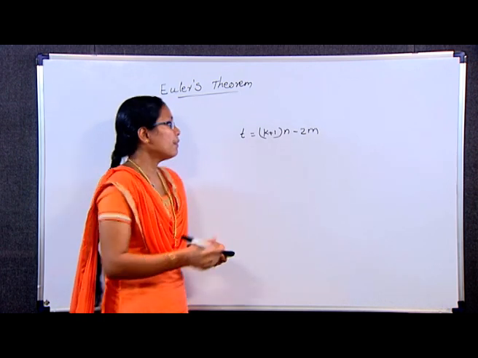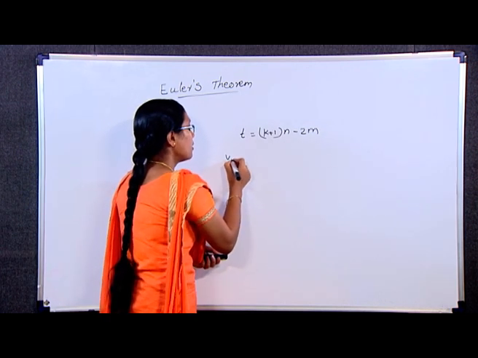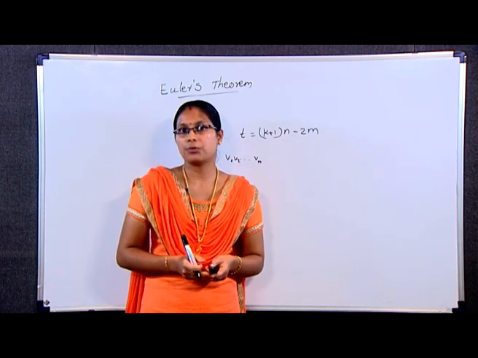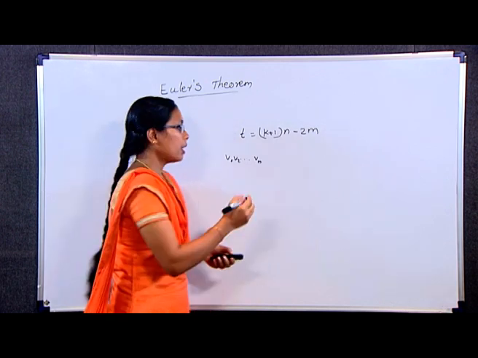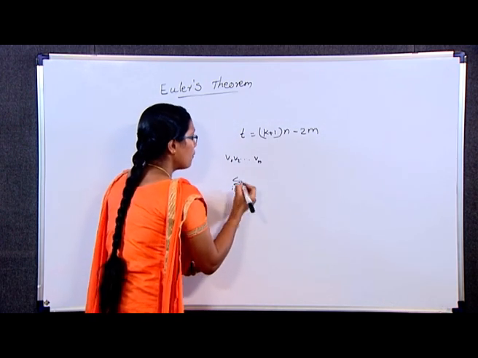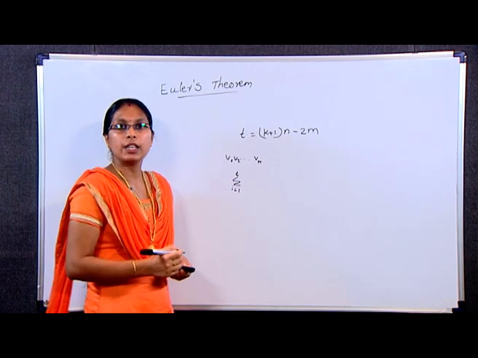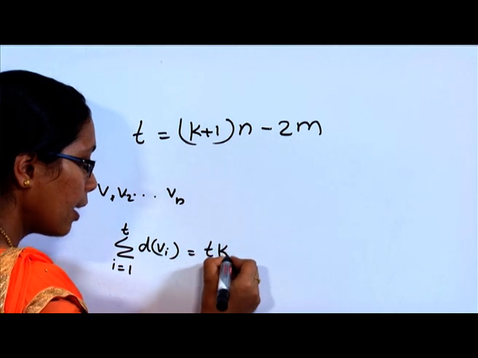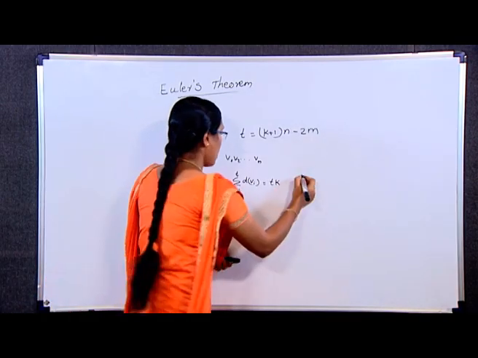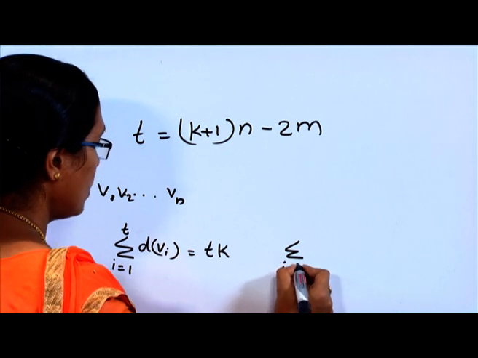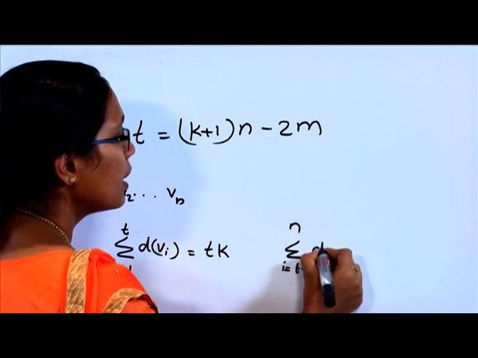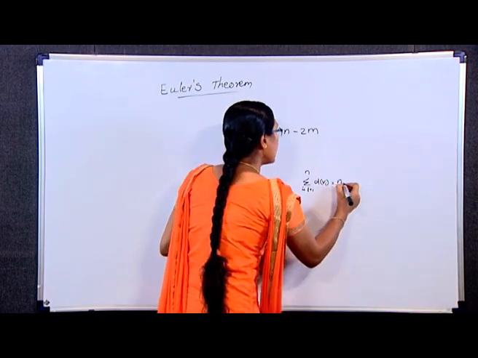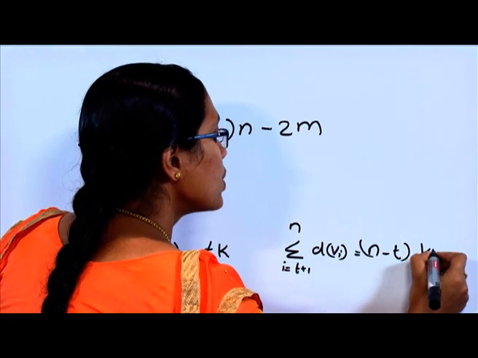Solution: let V1, V2, ..., Vn be the vertices of the graph G. Then the sum over i from 1 to t of the degree of Vi equals tk, and the sum over i from t+1 to n of the degree of Vi equals (n-t)(k+1).